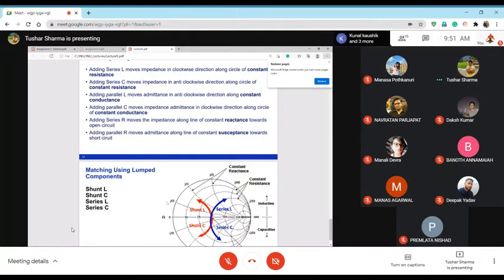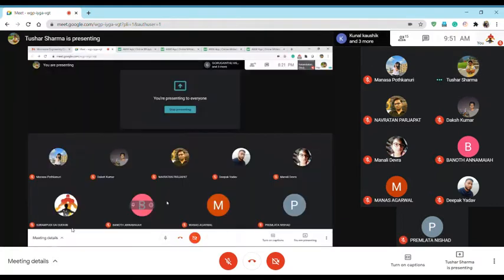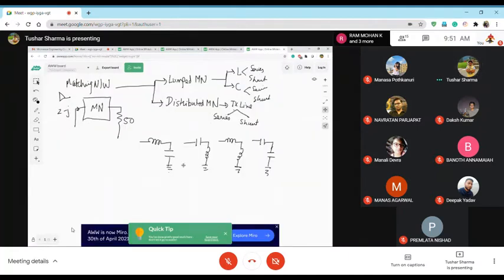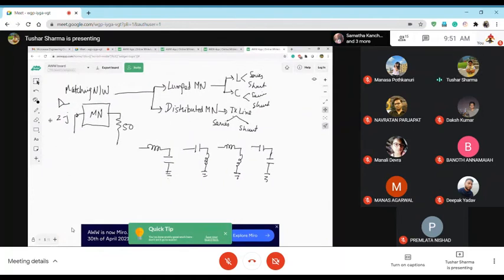So let me go here. Okay, so as it says, there are 4 things: series L, then series C, shunt L, and shunt C. Shunt means parallel.